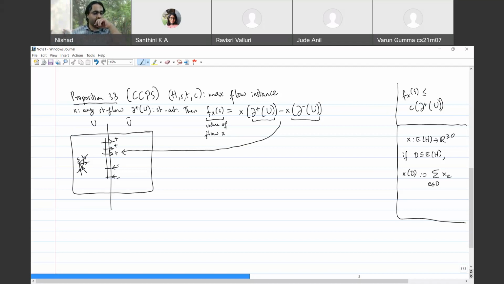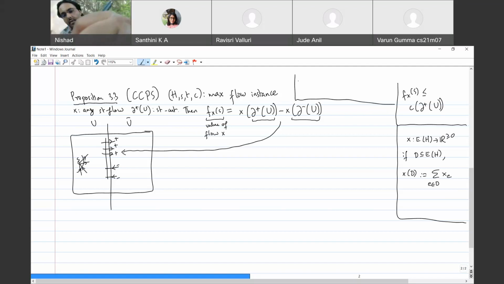I should make one point here. The capacities are actually irrelevant. The only thing we really need is the conservation constraints. We won't need the capacities in any real sense, right? Okay.